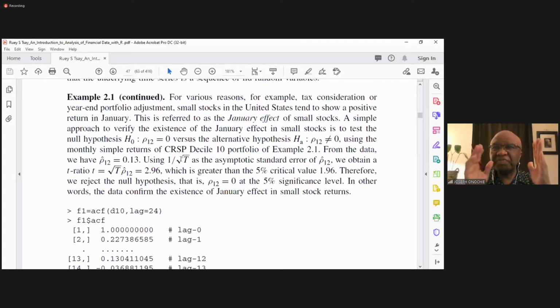If the autocorrelations are not exactly 0, as long as they fall within plus or minus 1.96 standard deviations, we can consider them 0. That's what we are doing. So I'm going to use 1.96 times this standard deviation.